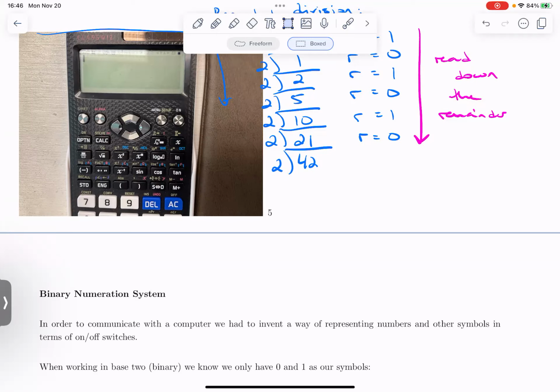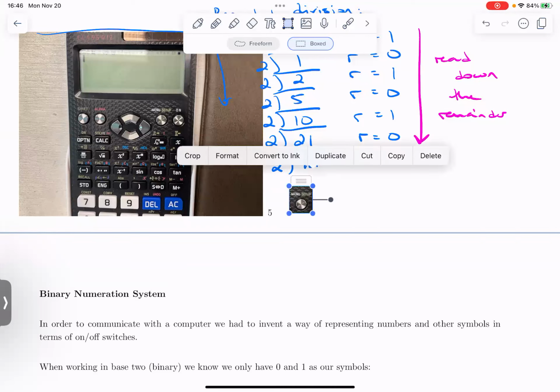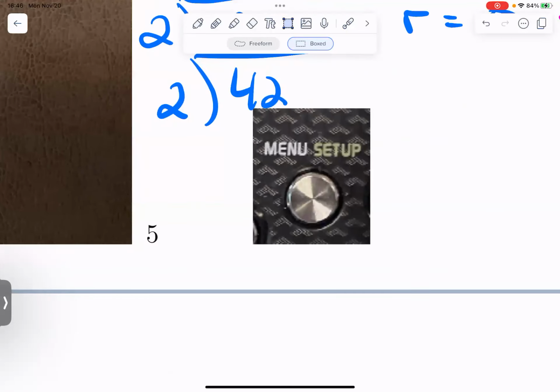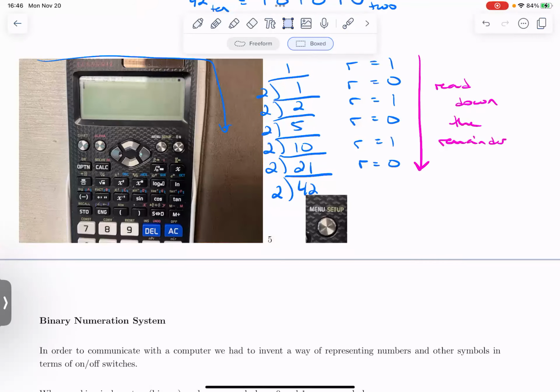Use it in this calculator, even though I didn't have it. So I think we went this button first, right? Menu setup. And then 3.